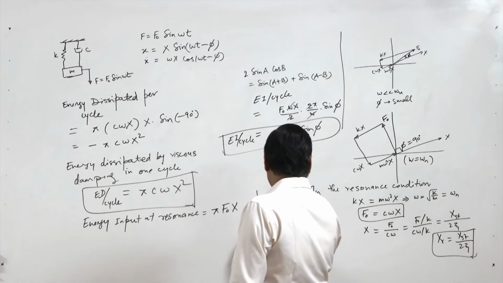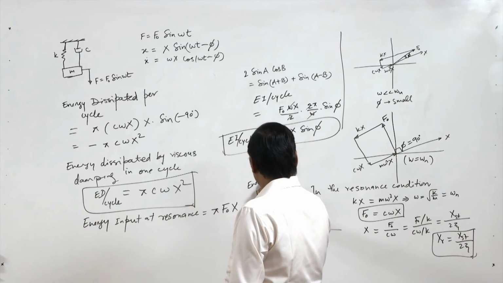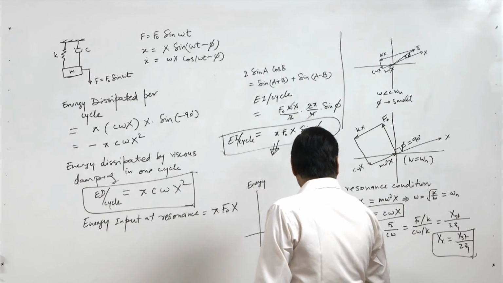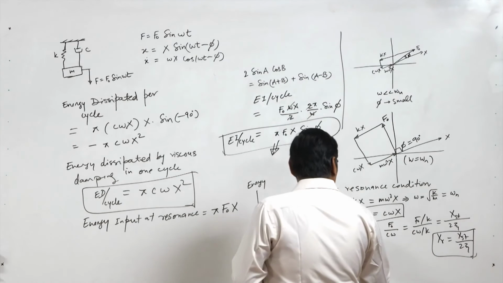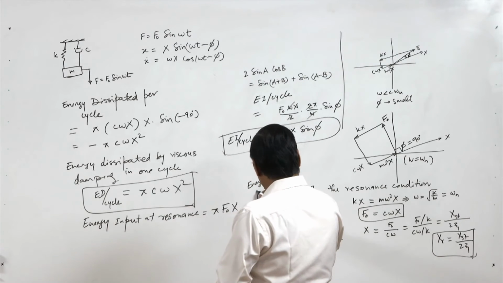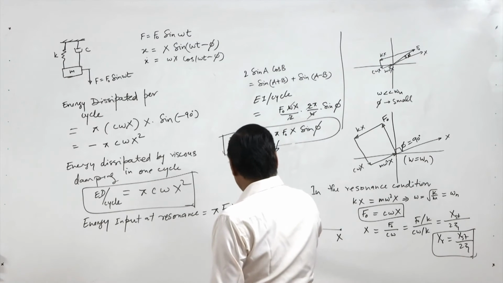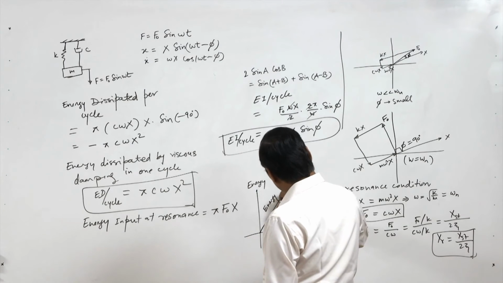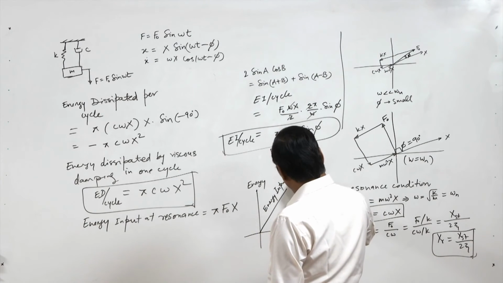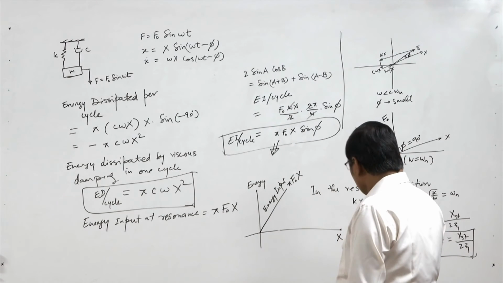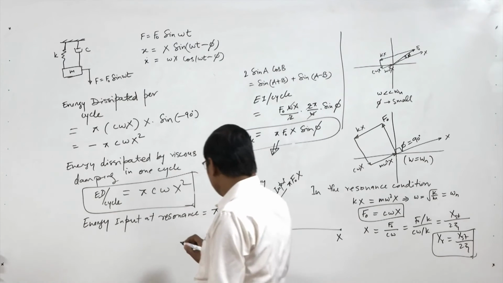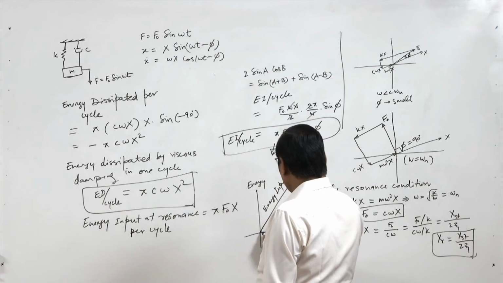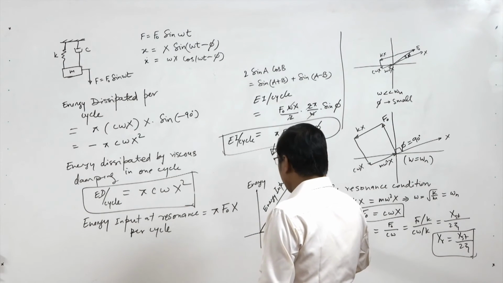Now if we make a plot of the energy or work done, and here if we have x here, one line is the energy input, that is pi f0 x, so it is a straight line, while the energy dissipated per cycle is parabolic, so it is like this.